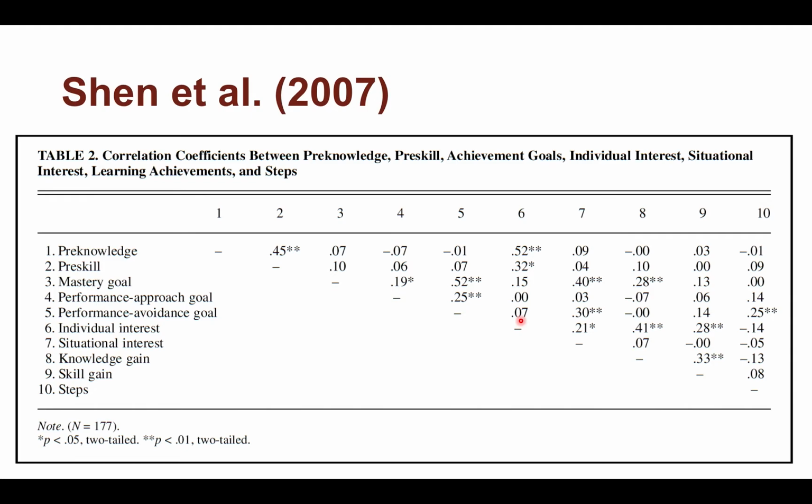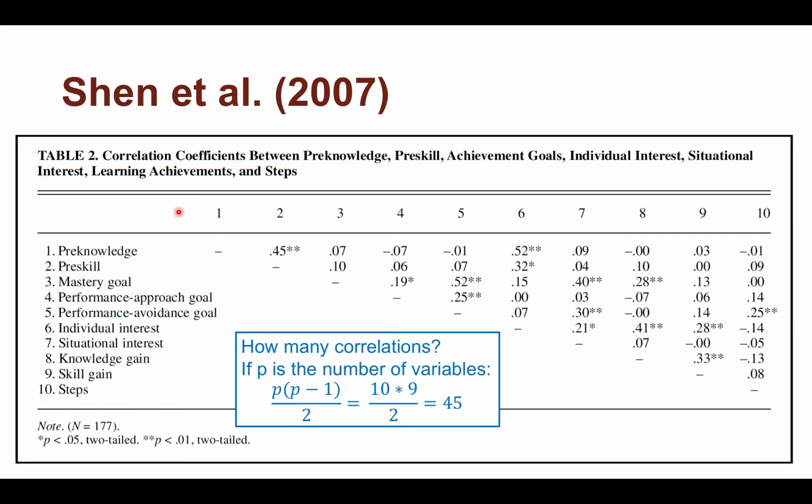So how many correlations are there? Well, certainly you could just go ahead and count all of these if you want to. But if you're planning a study and you have so many variables that you're going to be looking at correlations between, and you want to know how many correlations you are going to be looking at, you could basically use this formula. If P is the number of variables, then you just take P times P minus 1 and divide that by 2.